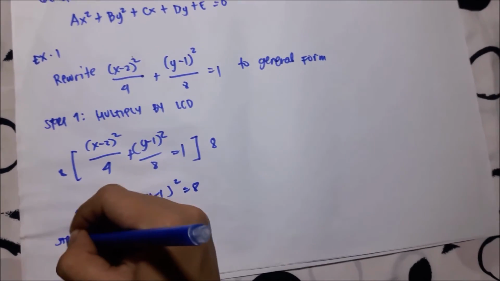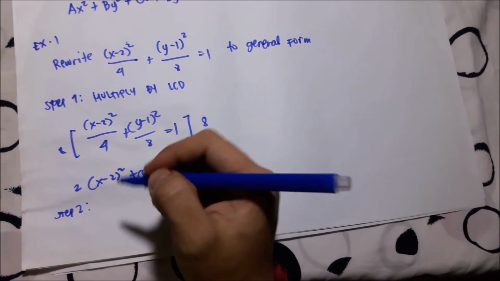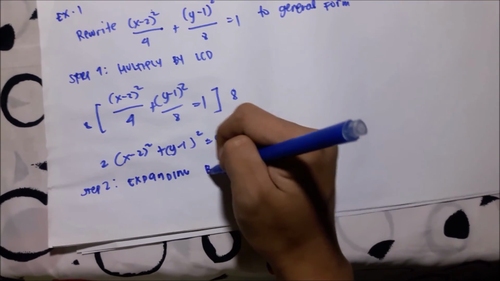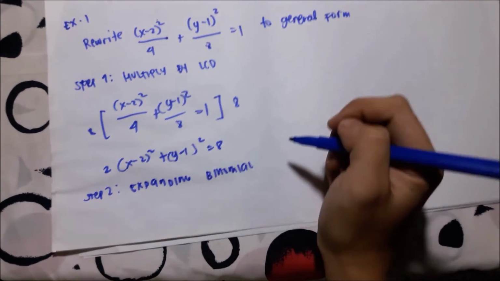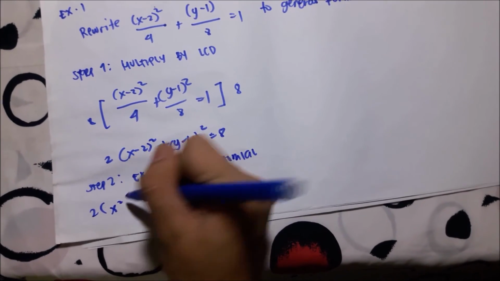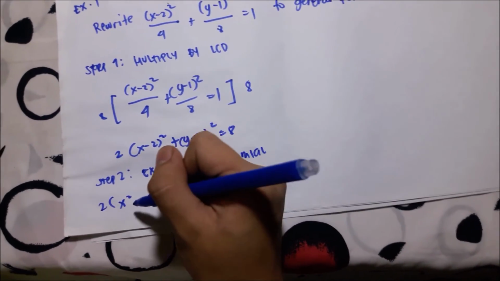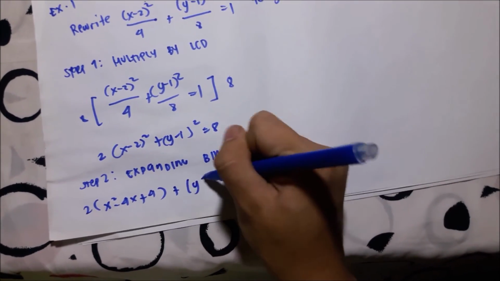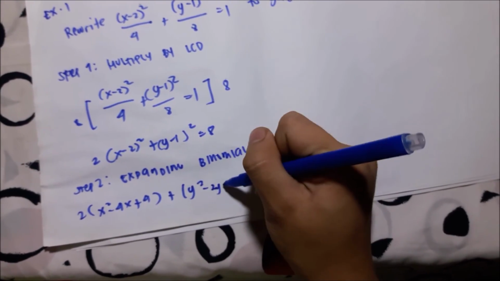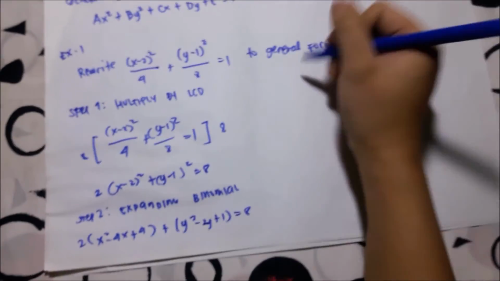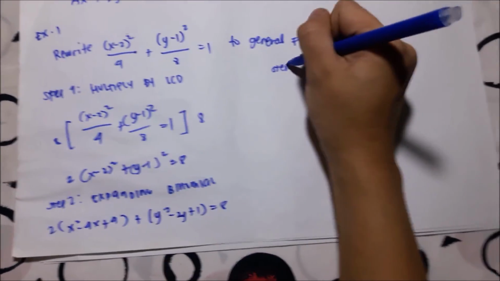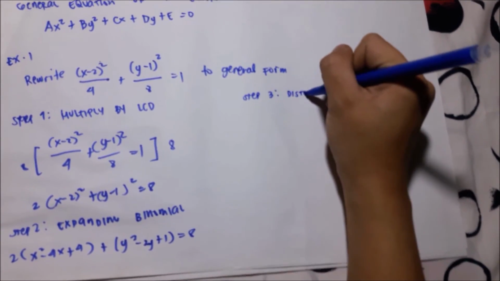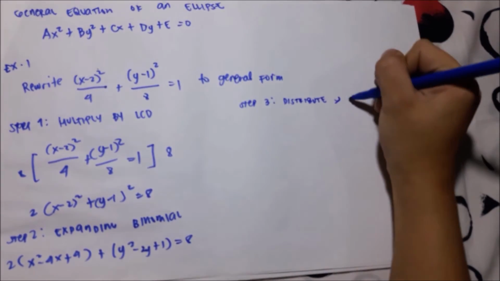So step 2 is you're going to do the expanding of the binomials. So it will become 2 times x squared minus 4x plus 4 plus y squared minus 2y plus 1 equals 8. So step 3 is you're going to do the distributive property, distribute and simplify.